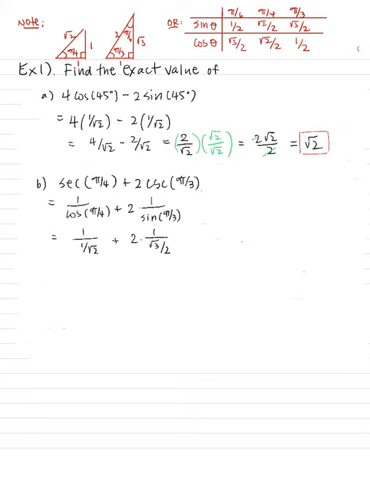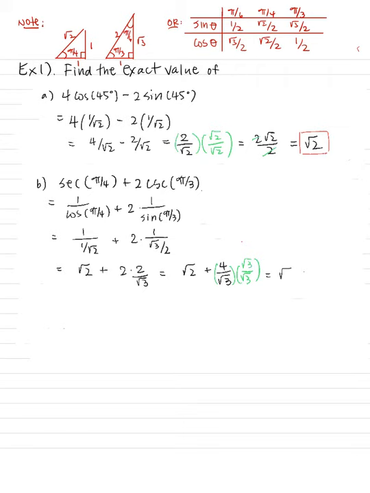All right, so what do we got? So this is same thing as root 2 plus 2 times 2 over root 3. So which is root 2 plus 4 over square root of 3. Let's rationalize this expression. And what do we get here?